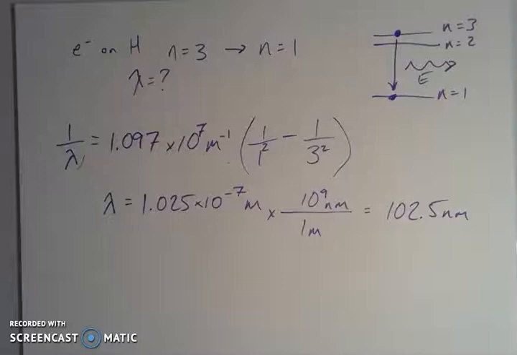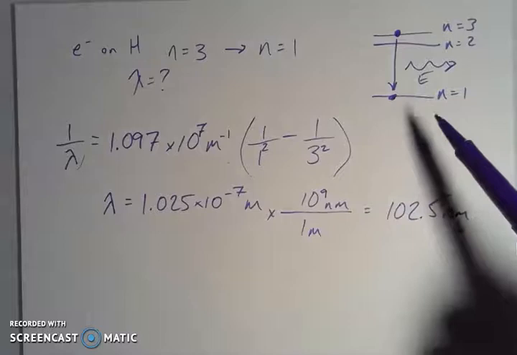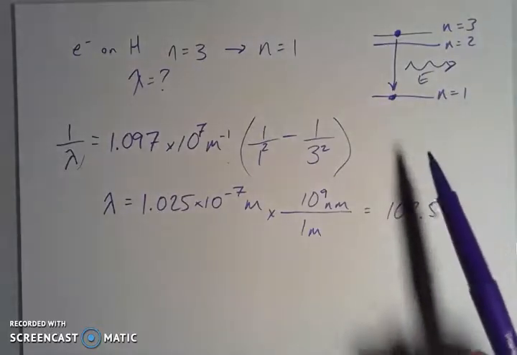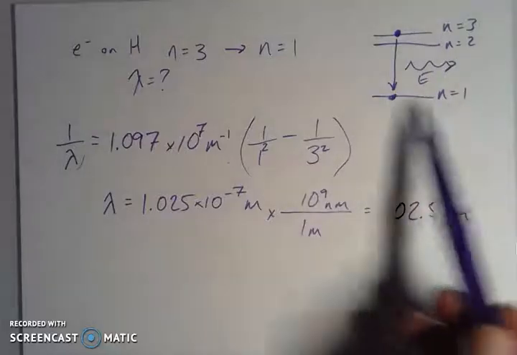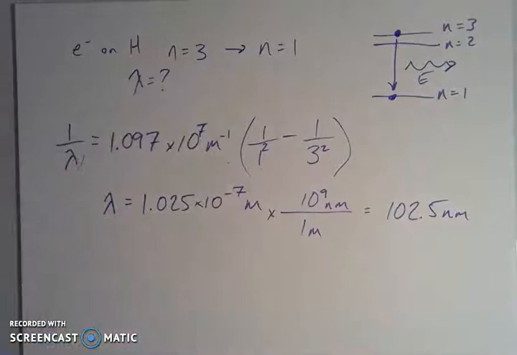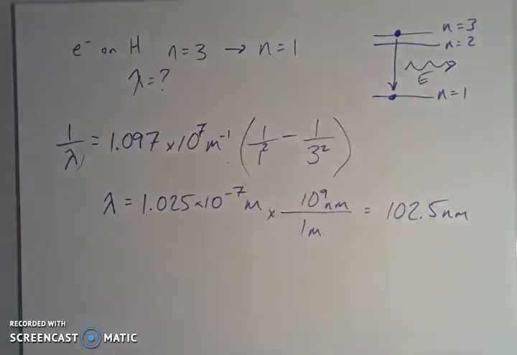So if we're looking at these transitions, if I'm going down, from higher energy to lower energy, energy is being emitted. If I'm going up, from a lower energy level to a higher energy level, I have to put energy in order to make that happen. So I'd have to put in specific wavelengths to go the opposite direction. I can get specific wavelengths out going down.